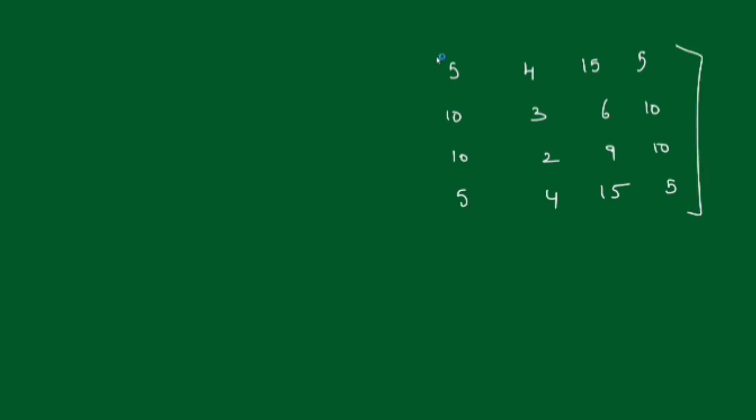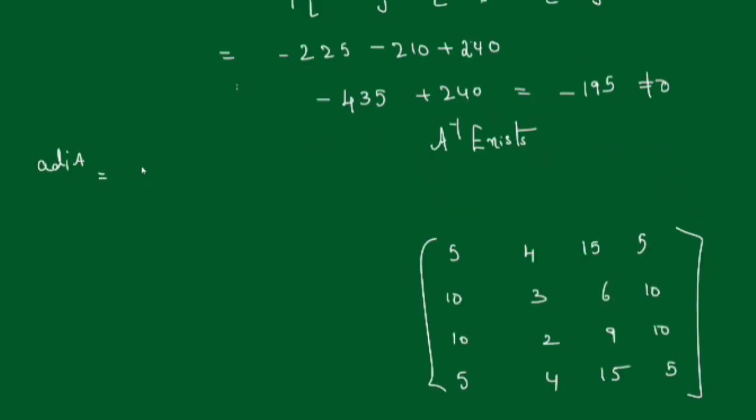Now find the values. 5 into 3, 15 minus 40, so minus 25. Now multiply this. 4 into 6, 24 minus 45, minus 21.